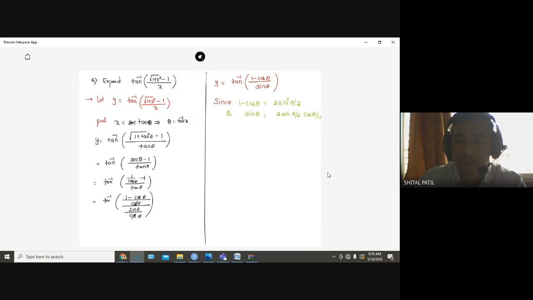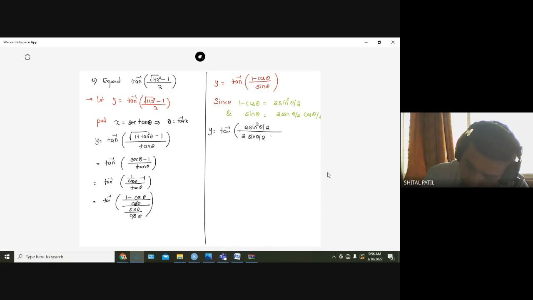Therefore, we have y equal to tan inverse. You might have understood what will cancel. One sin theta by 2 will cancel.